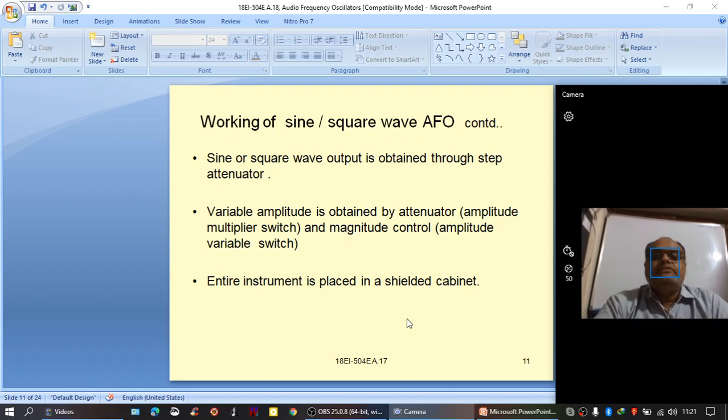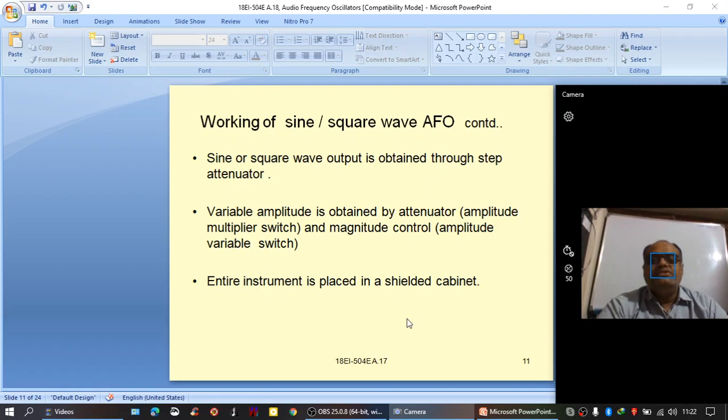Sine or square wave output is obtained through a step attenuator, the final block. Variable amplitude is obtained by the attenuator, which acts as an attenuator multiplier switch, multiplied with 1 or multiplied with 10, like that.